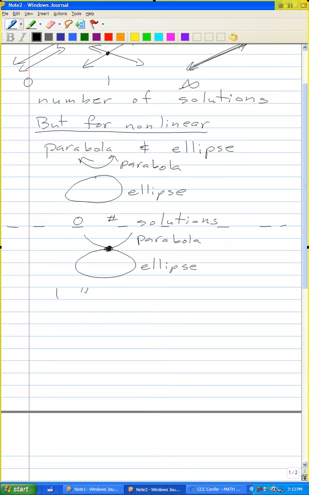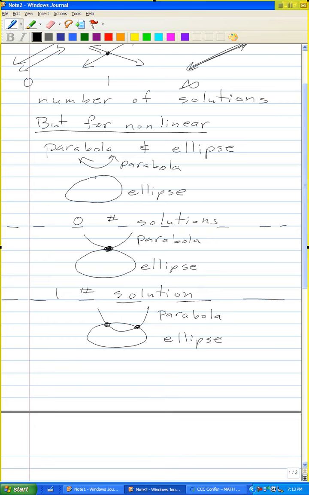So I could have one solution. But in this case, I could have an ellipse and a parabola with two points of intersection. Here's my parabola, here's my ellipse, and so I could have two.